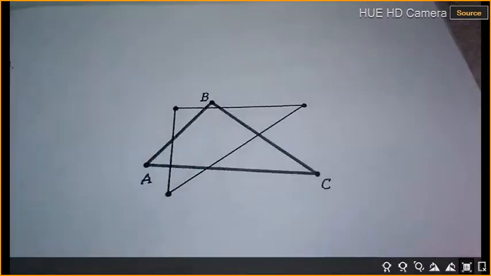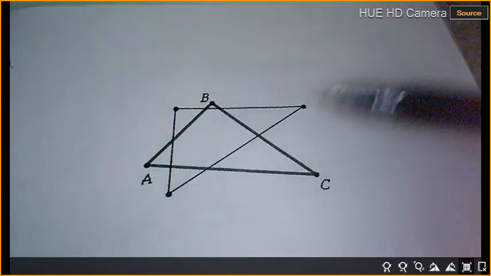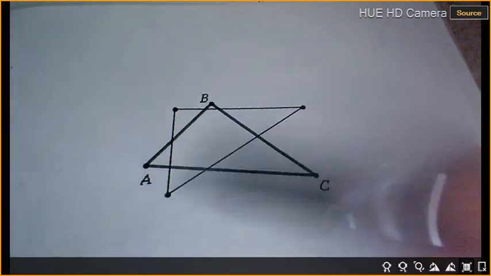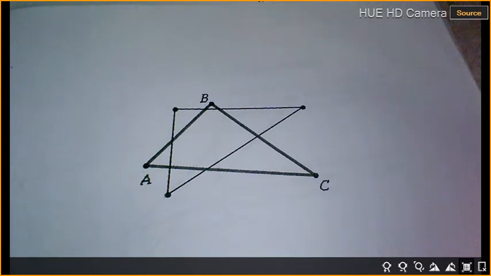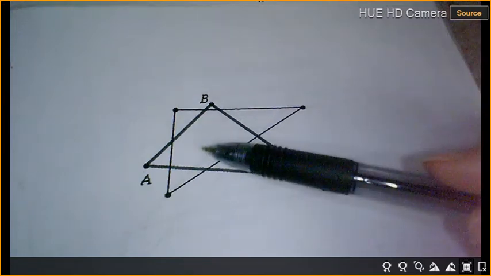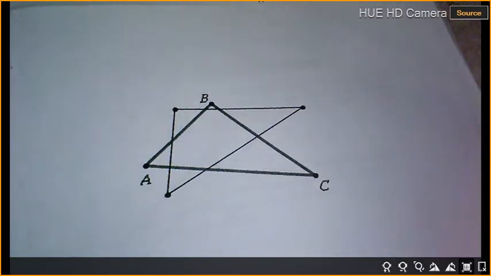Number 4, I'm going to tell you right now, is a bit tricky. What do we think happened to get from B, A, and C? It's got to be a rotation. But the center of rotation is going to be in the middle, so it's going to be a little bit harder to do.